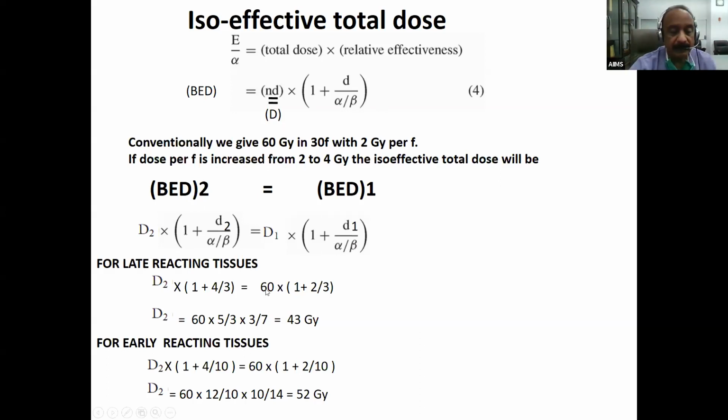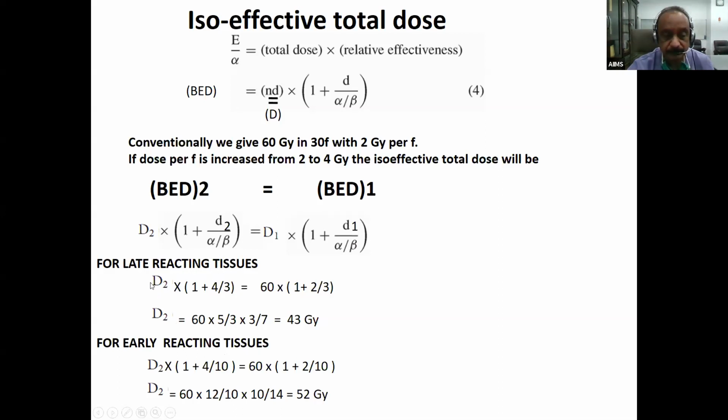Now remember, we will have to calculate the isoeffective dose for late reacting tissue separately, and for early reacting tissue separately, because we now know that BED ultimately depends upon alpha beta ratio, and alpha beta ratio for these two types of tissue is different. So we need to calculate the biological effective dose or isoeffective dose separately. So let us calculate for late reacting tissue.